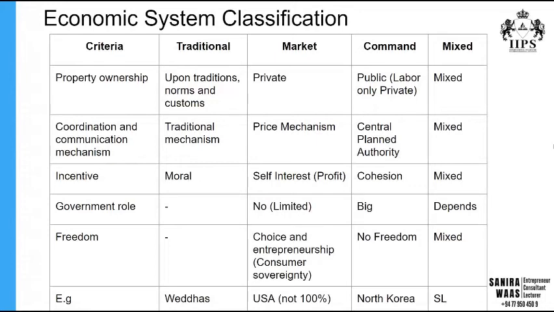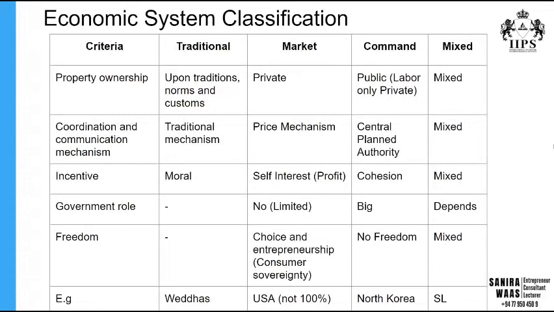If there is no government in a market economy, we call it a free market economy. But it will not always be a free market economy. Sometimes there can be a limited role of the government, like providing public goods for the community. So in a market economy, we find a very limited role of the government.